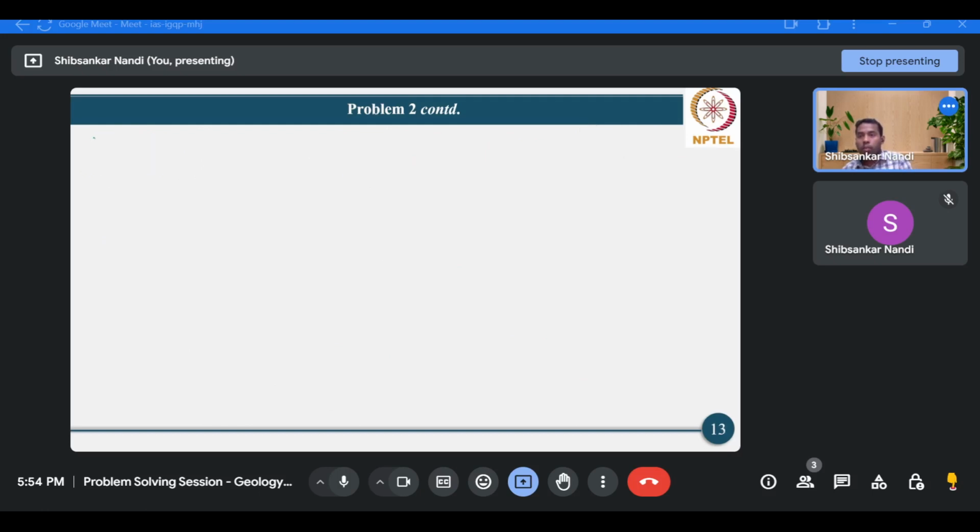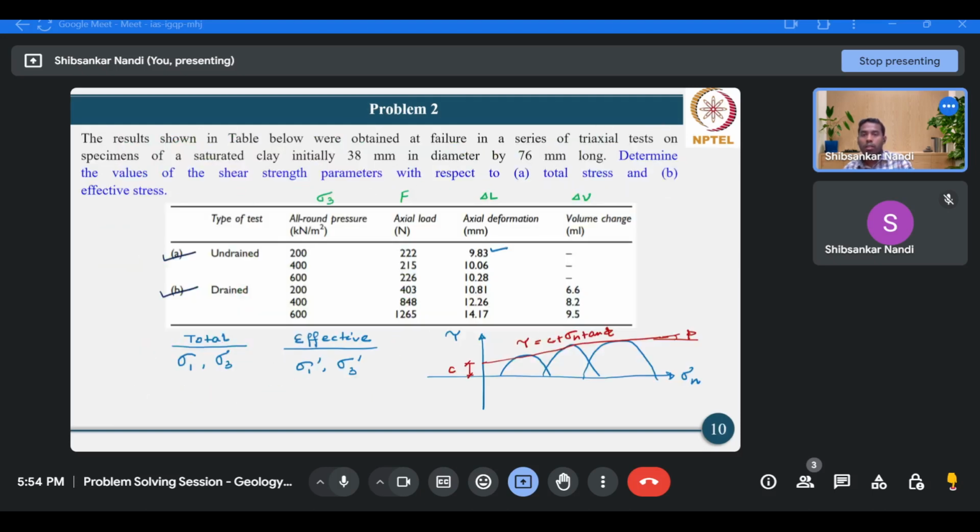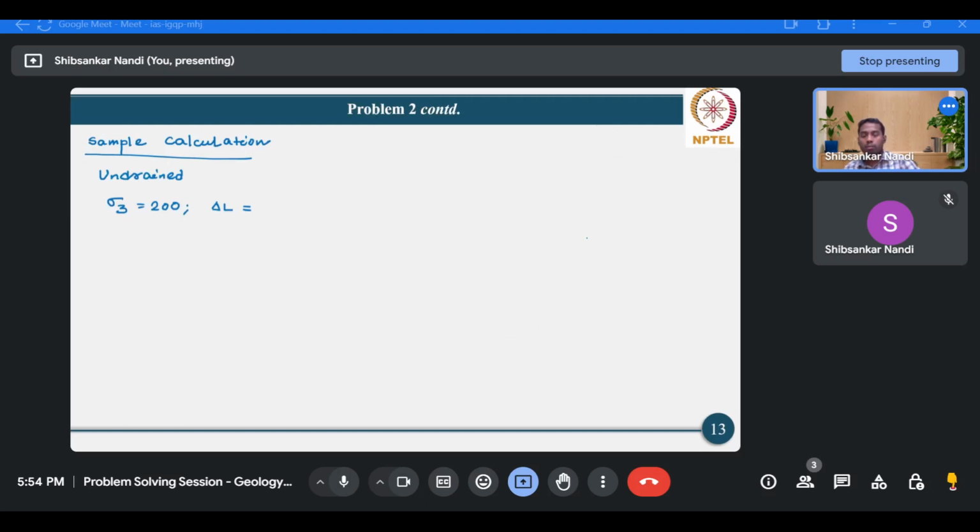Suppose this is a sample calculation. In the undrained case, sigma 3 is 200, delta L is 9.83, and delta V is obviously 0 because this is an undrained case.